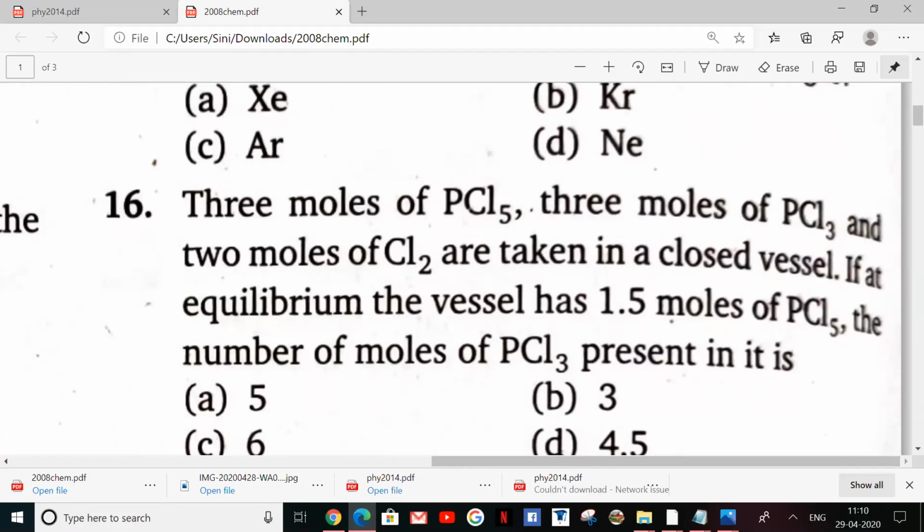If at equilibrium, the vessel has 1.5 moles of PCl5, the number of moles of PCl3 present in it is how much? Everyone try this question. This is the most important question in today's session.